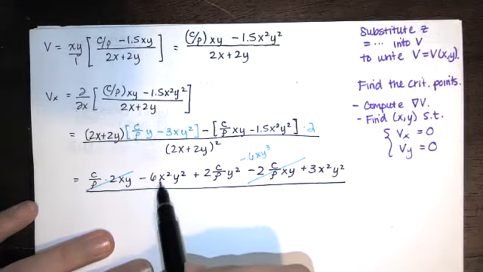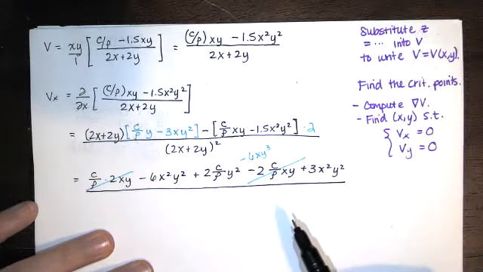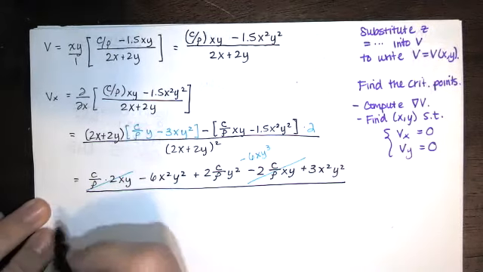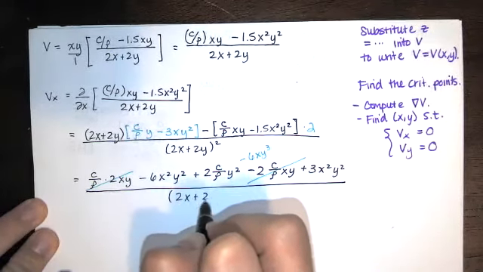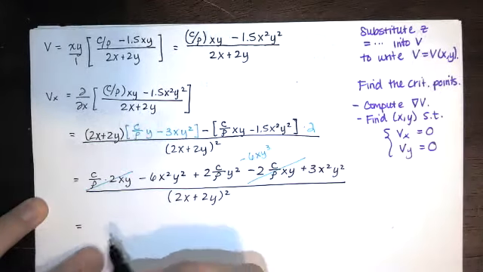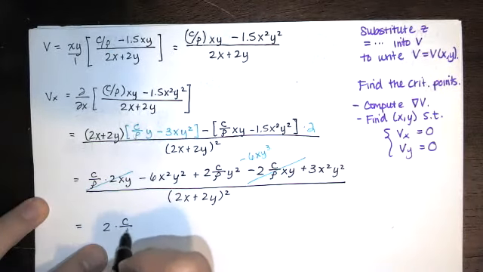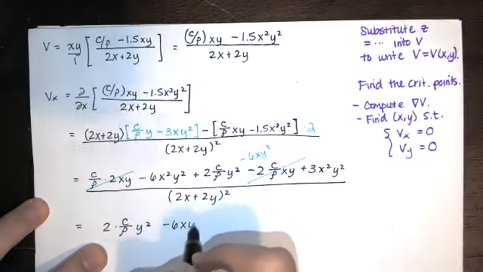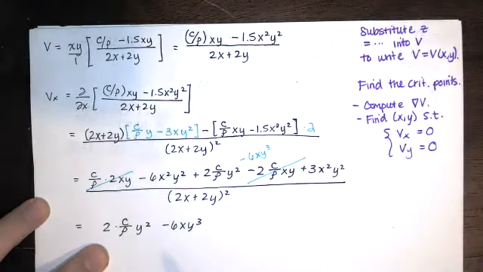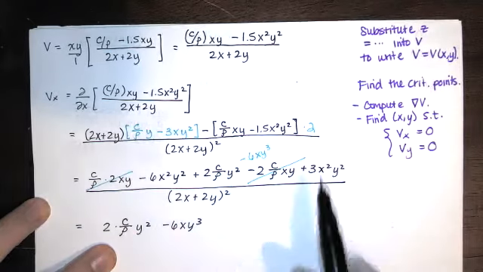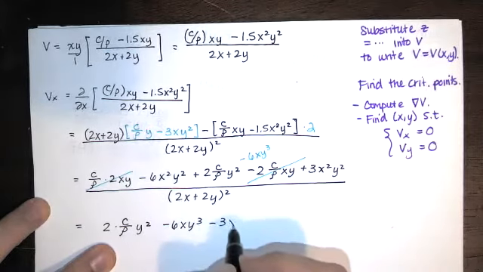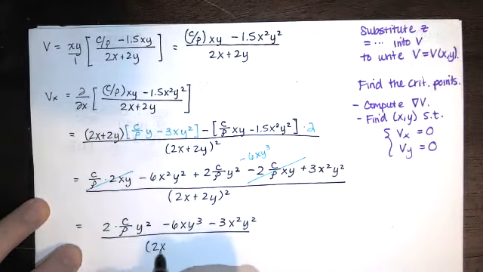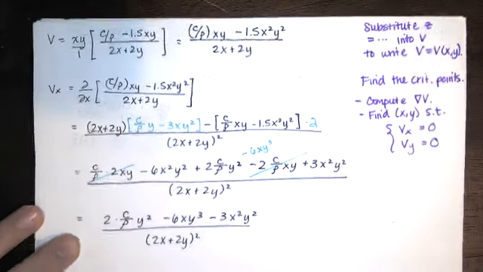And then I've got a negative 6x squared y squared and a positive 3x squared y squared, so that can be combined into a negative 3x squared y squared, all over 2x plus 2y quantity squared. So we've got 2 times c over rho times y squared minus this 6xy cubed, that last times last term that I missed the first time. And then this plus this gives me a negative 3x squared y squared. All of that is divided by 2x plus 2y quantity squared.